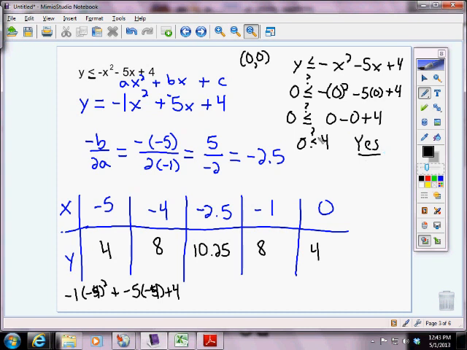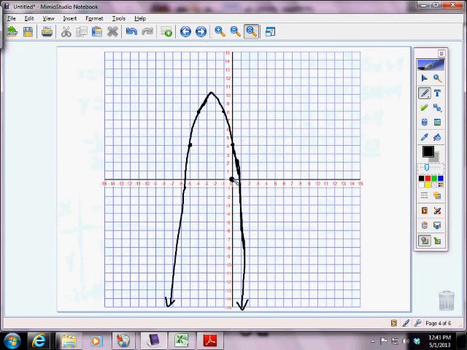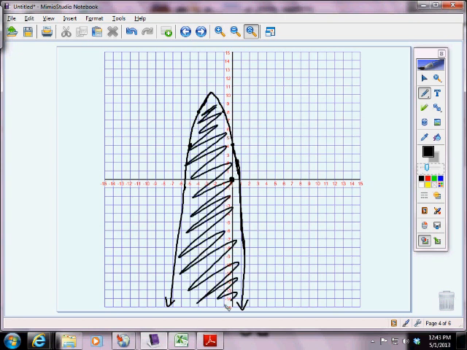Okay? Since this is a true statement, that means 0, 0 is a solution. Since 0, 0 is a solution, do we want to shade outside or inside the parabola? We want to shade where 0, 0 is. So again, very similar to graphing linear inequalities.